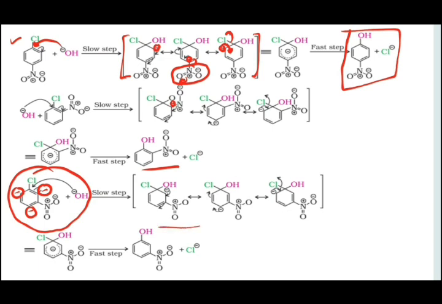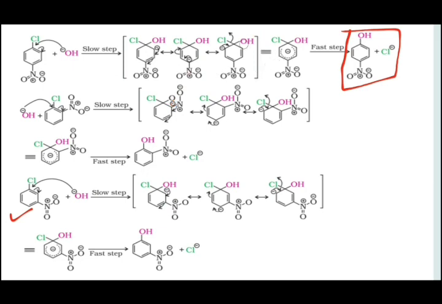Here you can see in these resonating structures, the negative charge is not generated on this carbon atom. That means this NO2 group is not stabilizing the negative charge in this third mechanism. So similarly at the meta position it will not increase the reactivity significantly. Okay, so that is the reason behind the increment in reactivity by adding the electron withdrawing group at the ortho and para position.